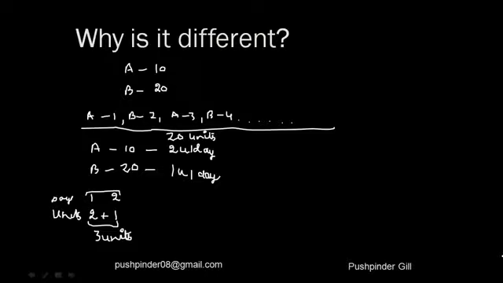Now comes the tricky part. If I apply the unitary method, it takes them 2 days to finish 3 units. Now, how many units do I have to finish? I have to finish 20 units.